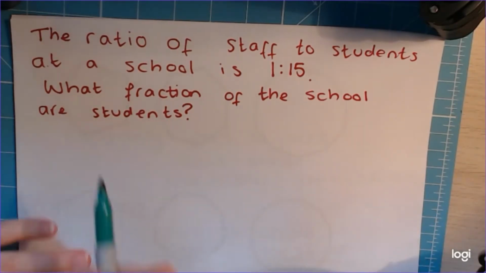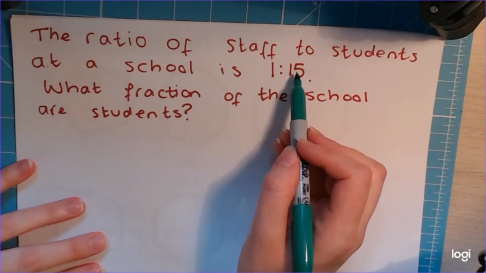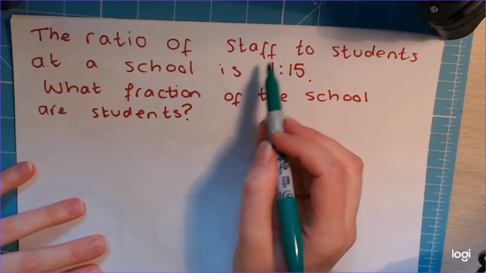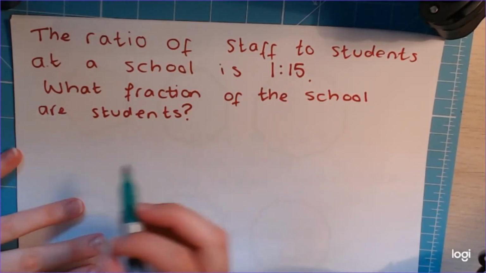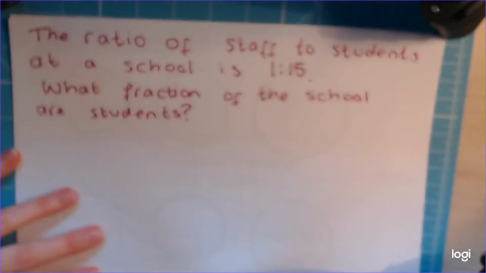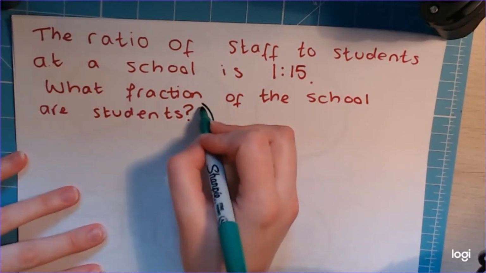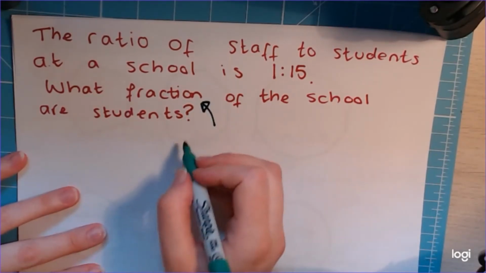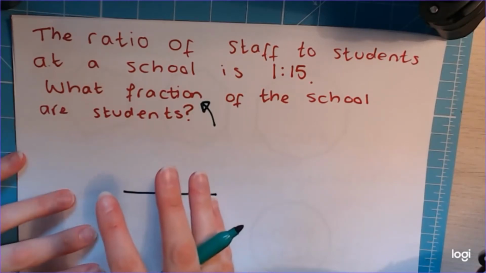So what this tells us is that for every one member of staff, there are 15 students. Okay, so if there were 2 members of staff, we'd have 30 students and so on. But what we want to know is, what is the fraction of the entire school that are students? So remember, this is our proportion here. Proportion is shown as a fraction. And the number on the bottom is going to be the total number of all the parts.